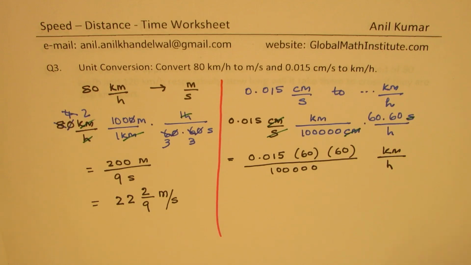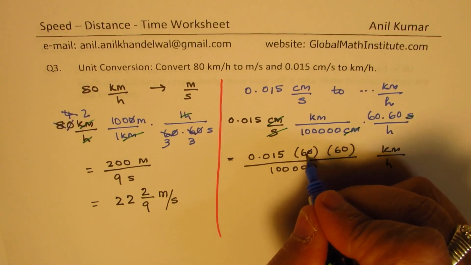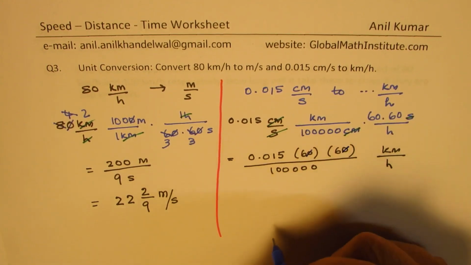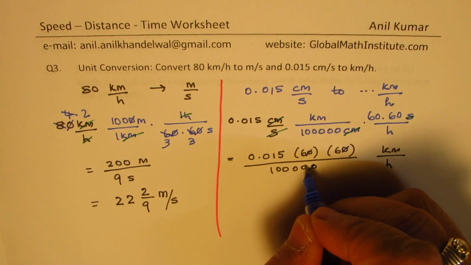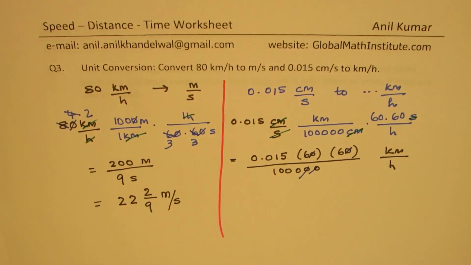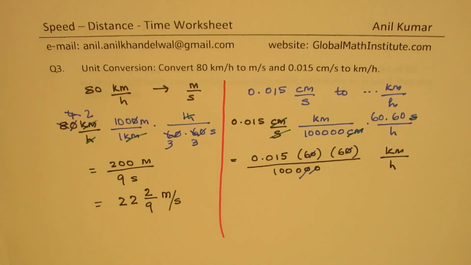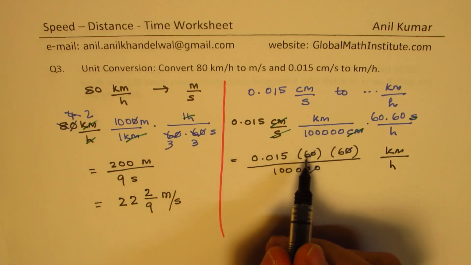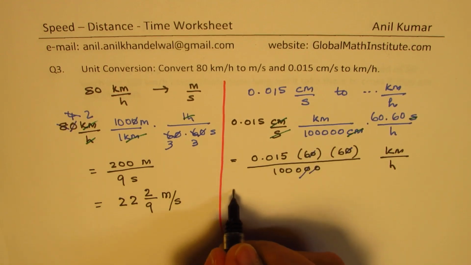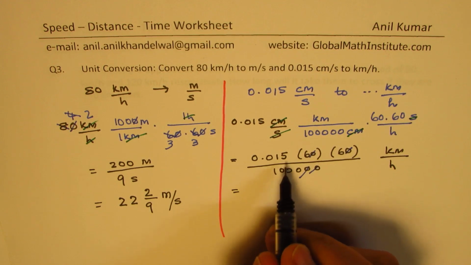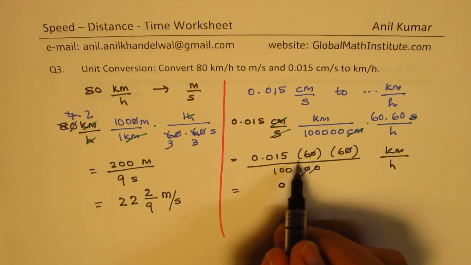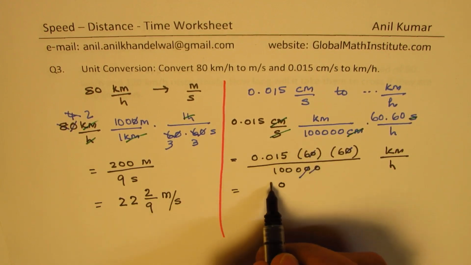Now, let's simplify. So 2 zeros cancel. Now let us also try to understand how to do this calculation, right? So what I'm going to do here is, first I'm going to multiply by 6. 6 times 5 is 30. 6 times 1 is 6, and then 3 is 9, right?